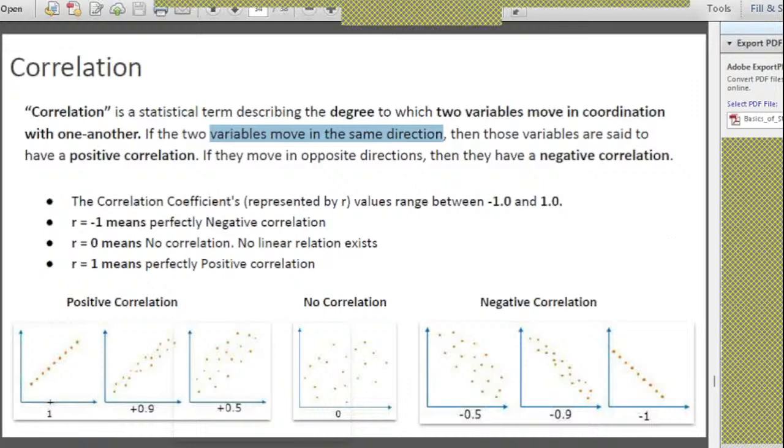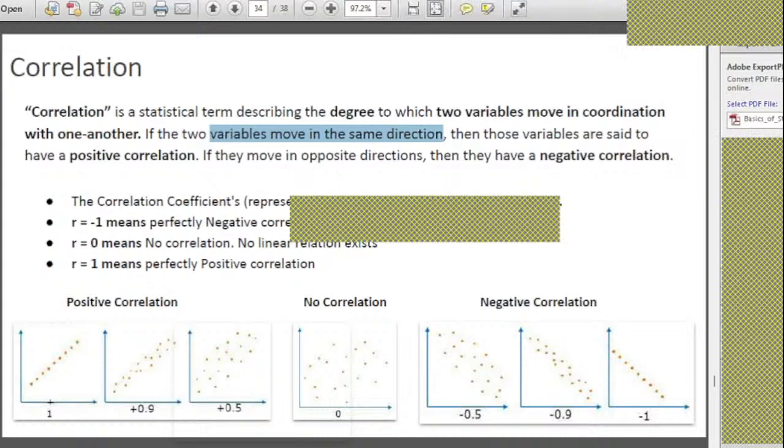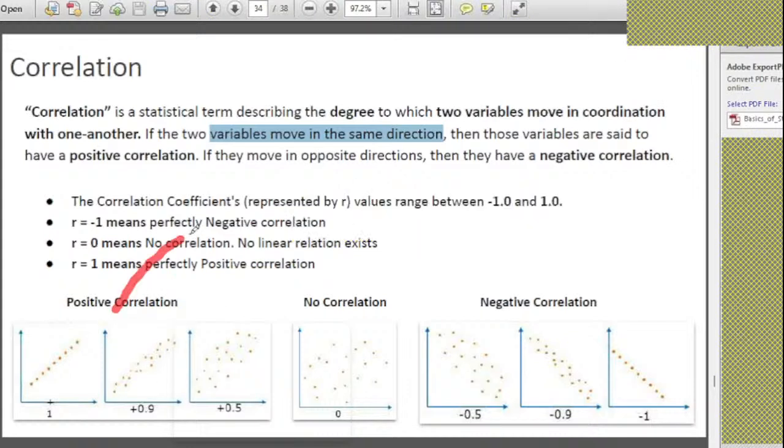For example, you can see in the charts below, right, these are positive correlation because here my x and y variable both are increasing, but the degree is varying. You will notice the degree is varying. Here the strength is more because both x and y are increasing with the same intensity.